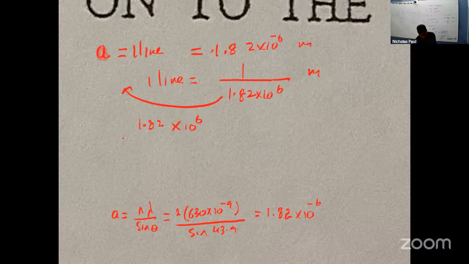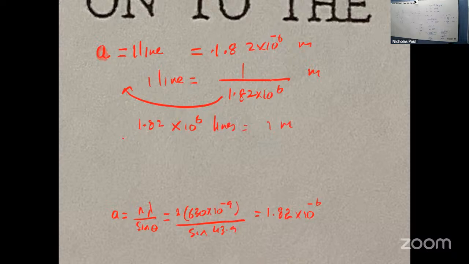So that'll be 1.82 by 10 to the 6 lines in 1 meter. Right? That's what they want, the number of lines in a meter.